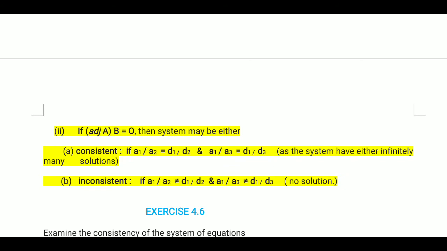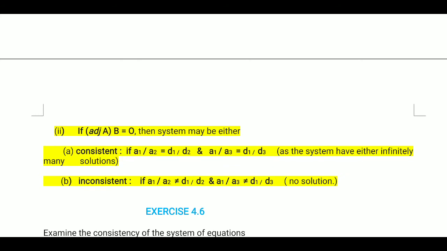And how can we determine this? If a1 upon a2 is equal to d1 upon d2, where a1 means the coefficient of x from the first equation, a2 means the coefficient of x from the second equation, d1 means the constant of the first equation and d2 means the constant of the second equation, and a1 upon a3 is equal to d1 upon d3, meaning the constant of the first equation upon the constant of the third equation.